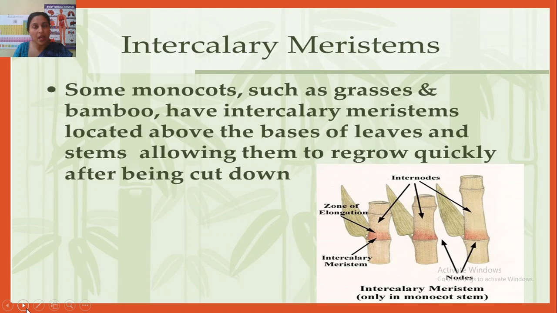Intercalary meristems are found in grass family plants, especially the grass we normally have in our gardens, and also bamboo trees. They are present in the internodes, so the length of the internodes is due to the action of these intercalary meristematic cells.